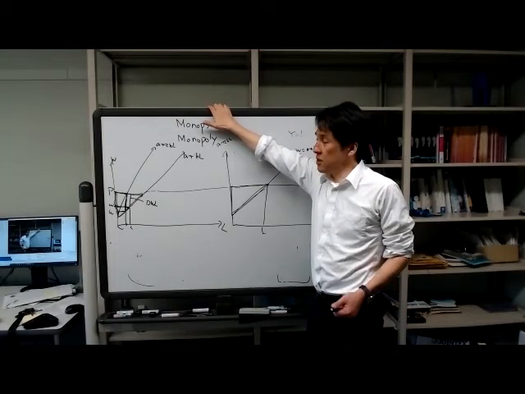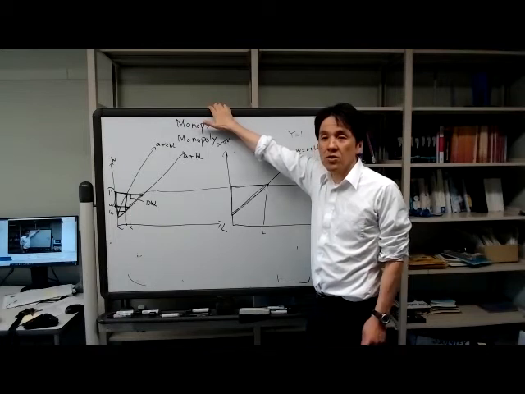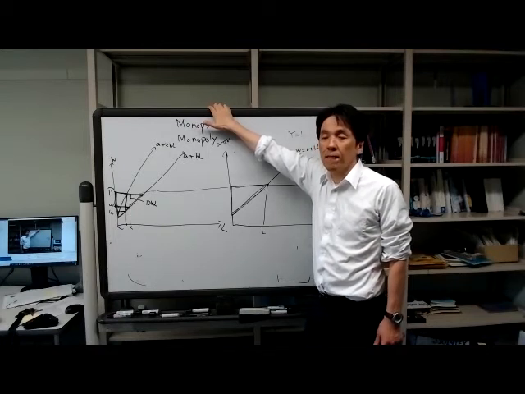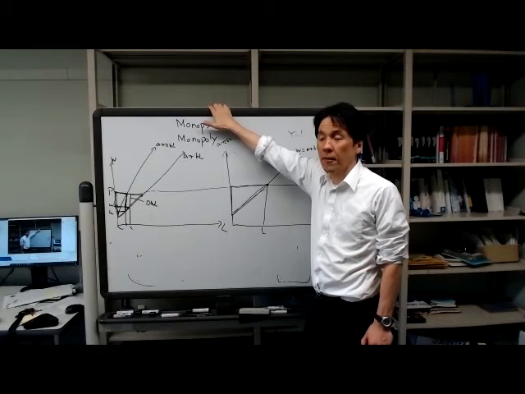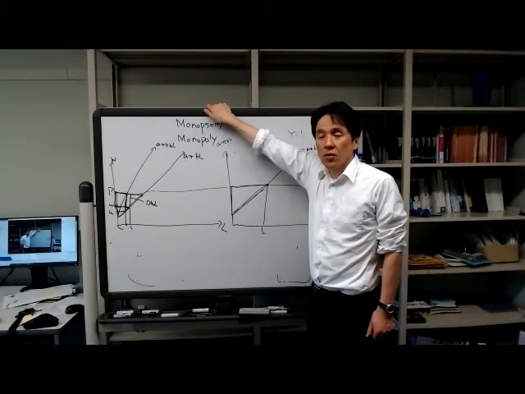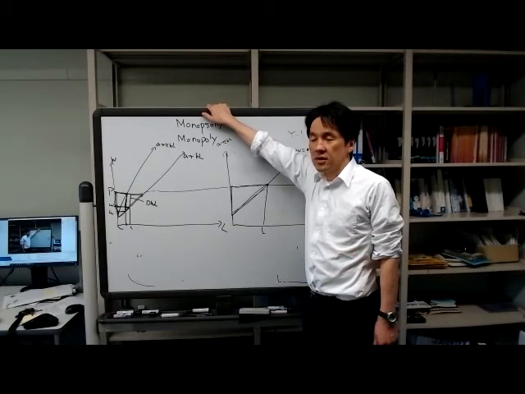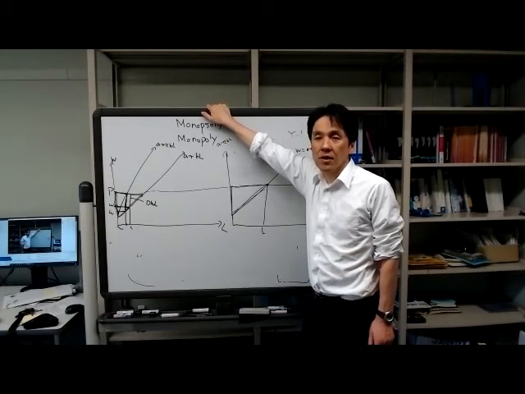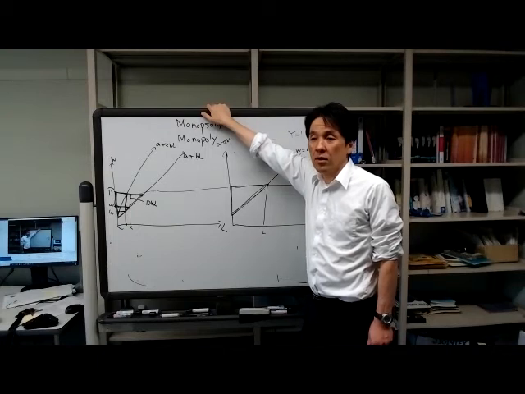So this is an interesting case. But the question is to what extent this model is relevant. It's a little bit difficult to think that a company has a very strong monopsony power in the market.